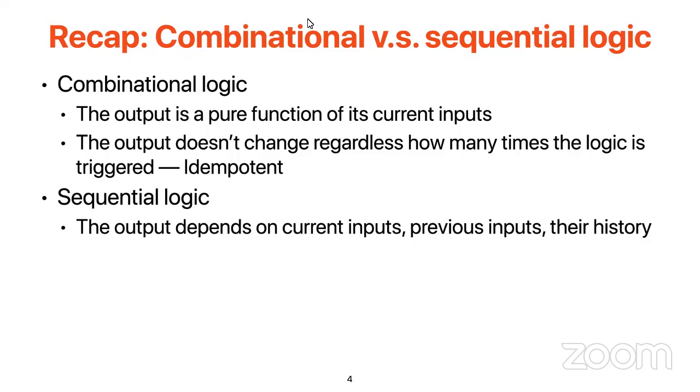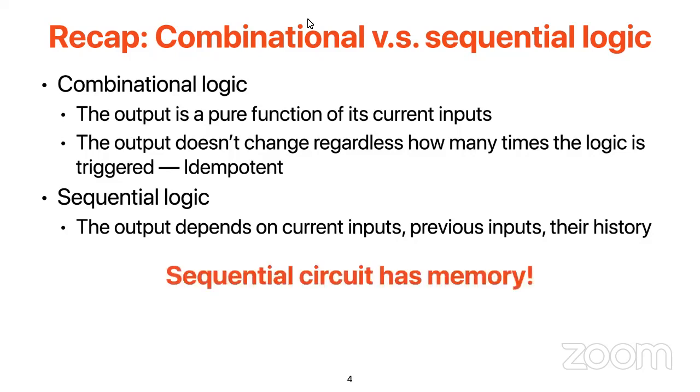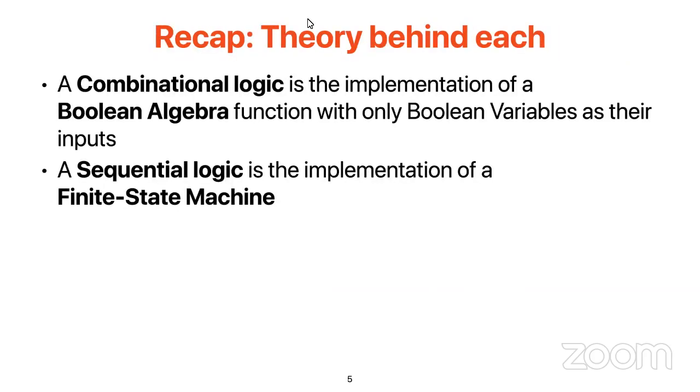However, there's another type, sequential logic. It has memory, so its output depends on current inputs, previous inputs, and their history. Because of the difference in their natures, the theory behind them is also different. Combinational logic is based on Boolean algebra, and sequential logic is based on finite state machines.